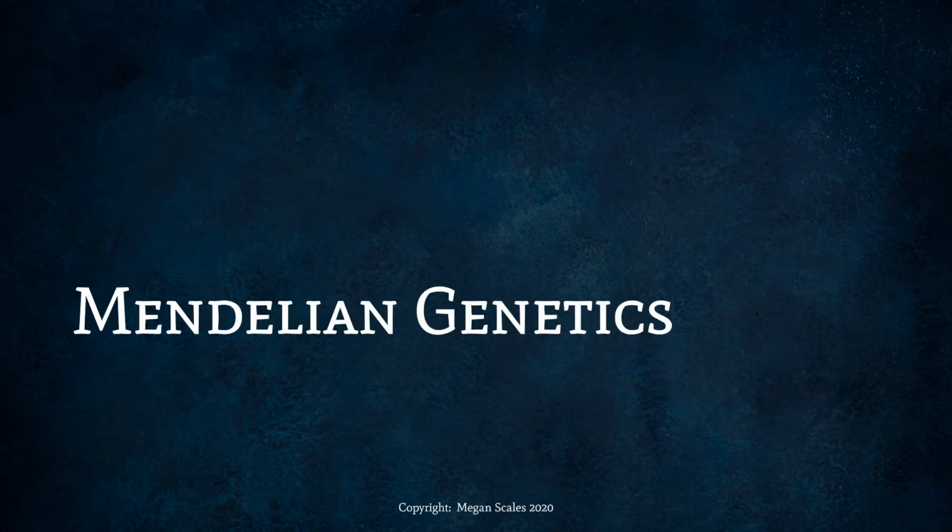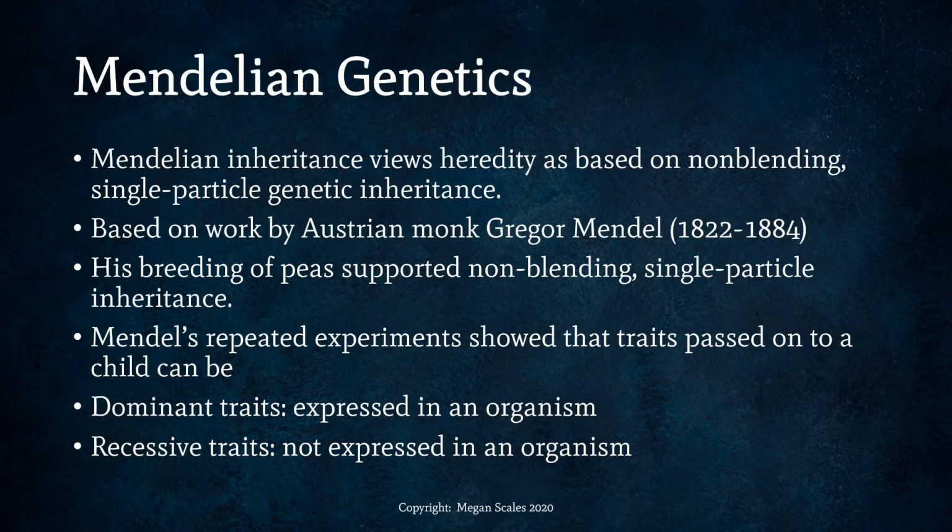Okay, let's review Mendel and what he discovered about genetics. Mendelian inheritance views heredity as based on non-blending single-particle genetic inheritance. This is based on the work of Austrian monk Gregor Mendel, who lived from 1822 to 1884.